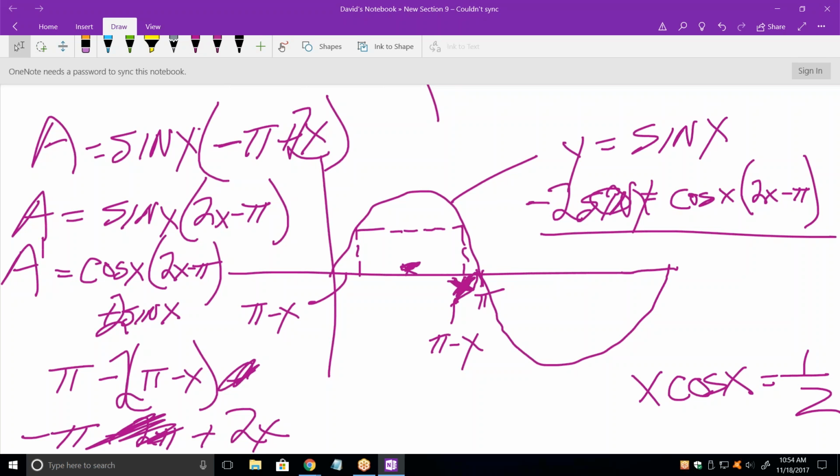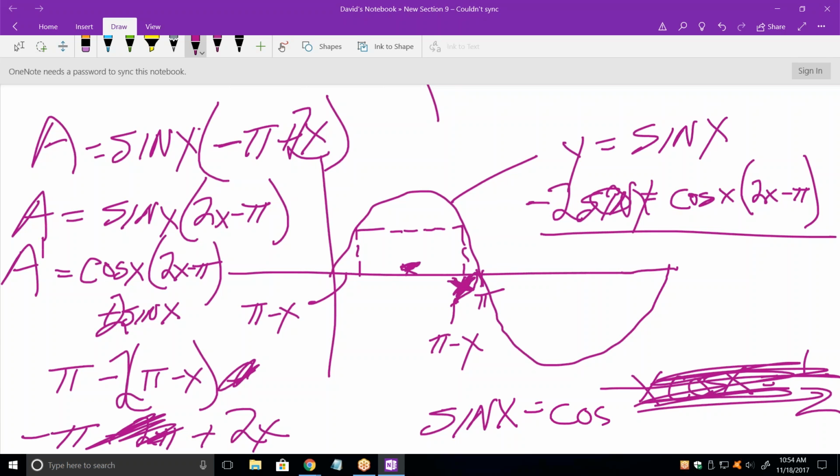I don't have any algebraic techniques to do that. It's also tough to solve when you have two different trig functions. If I had sine x equal cosine x, that's not that easy to solve either.